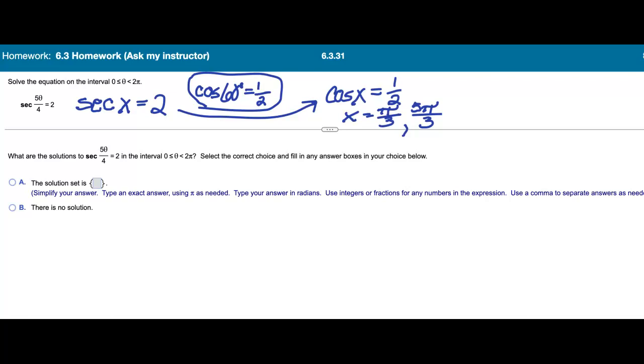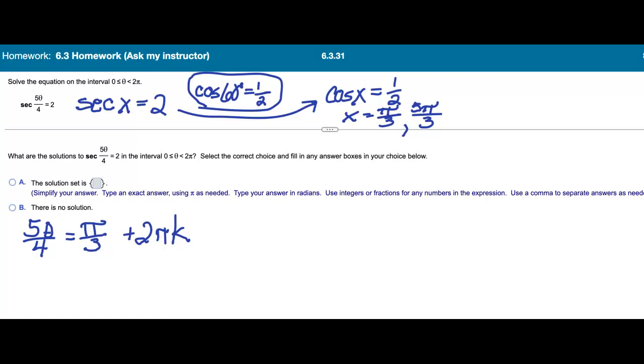Let me write it down here. 5 theta over 4 is equal to, going back, just replacing x, pi over 3 plus multiples of 2 pi. So to show that I may keep revolving around that unit circle, I'll write plus 2 pi k. And then in a moment, I'm going to make some substitutions for k.